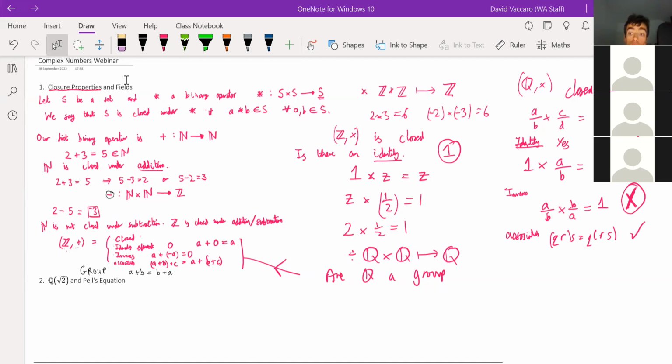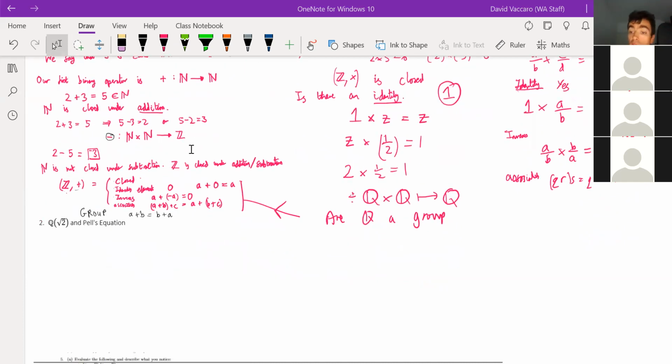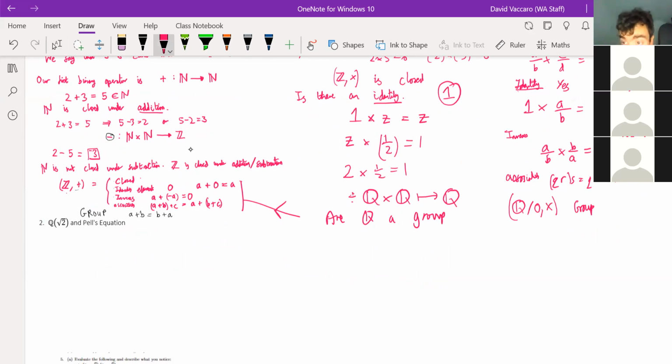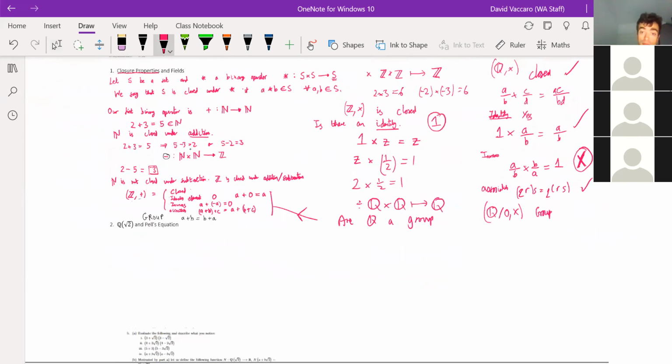Yes, there's no 1 over 0. So if I take 0 away from the rational numbers, then I've got a group under multiplication.